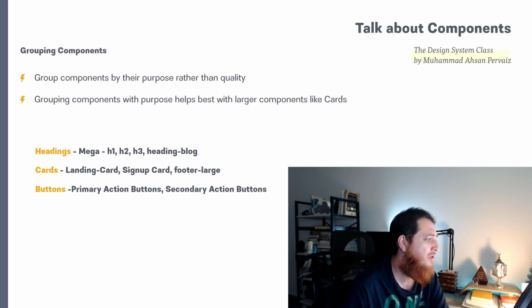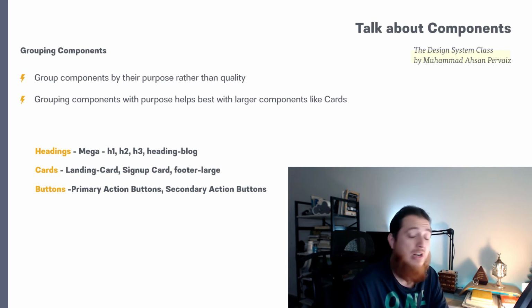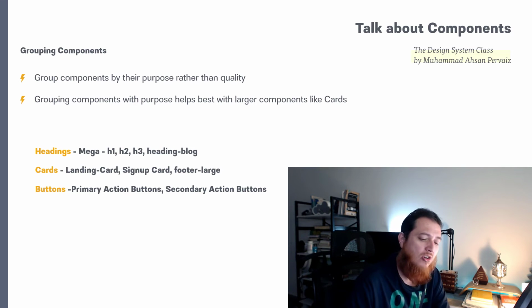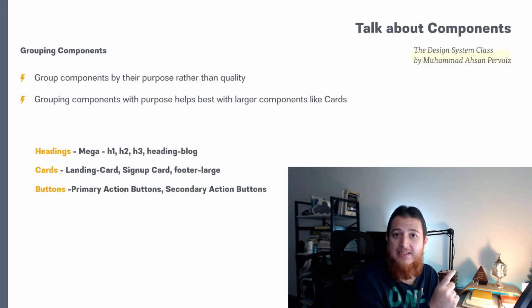Next, let me show you some of the naming conventions. For example, headings, we can have mega heading, H1, H2, H3. We can also name them related to what the coders actually use or are familiar with, heading dash blog. So you can see this heading dash blog is very related to the purpose of this heading rather than its size.